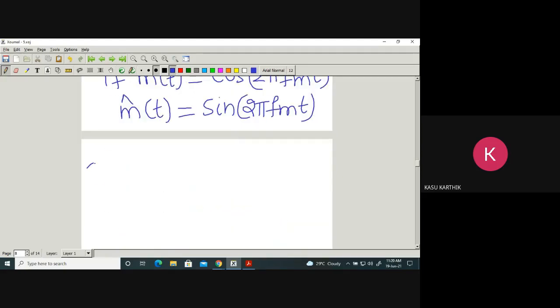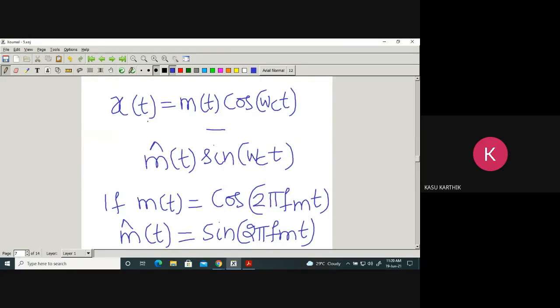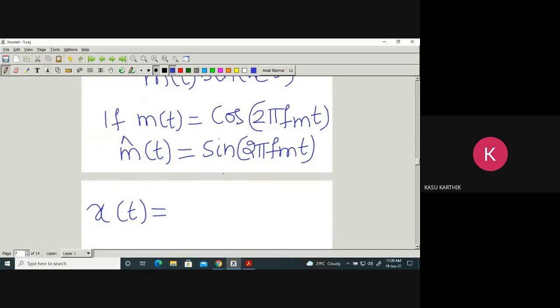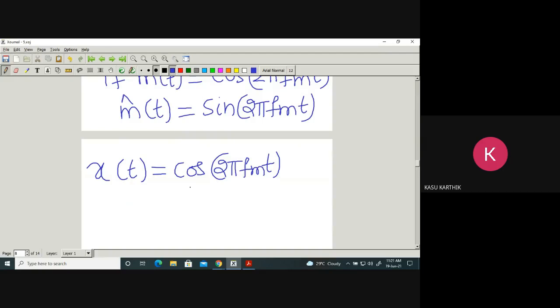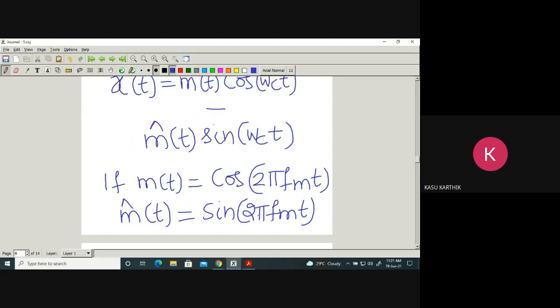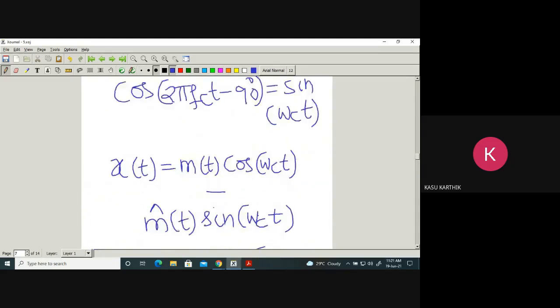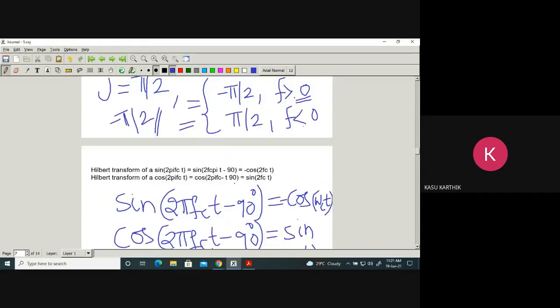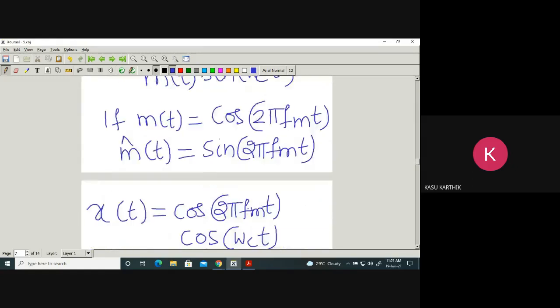Now what about x of t? x of t equals m of t into cos omega ct, that is cos 2 pi fmt into cos omega ct, minus m hat of t, which is sin 2 pi fmt, into sin omega ct.